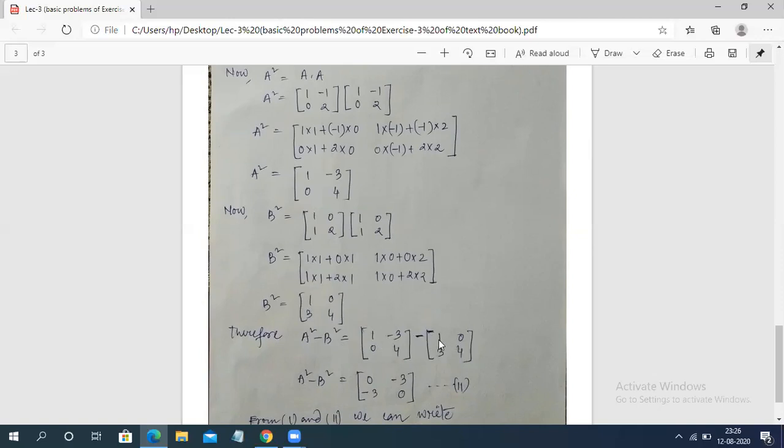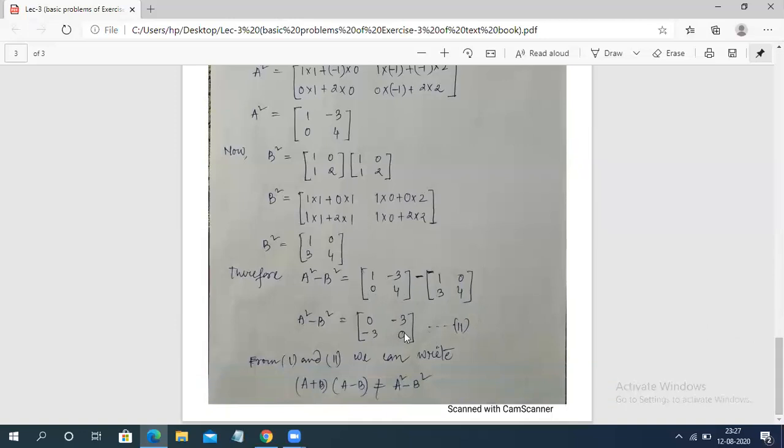So 1 subtracted from 1 gives 0. 0 subtracted from minus 3: minus 3 minus 0 is minus 3. 3 subtracted from 0: 0 minus 3 is minus 3. 4 subtracted from 4: 4 minus 4 is 0. So the matrix A square minus B square is 0, minus 3, minus 3, 0.